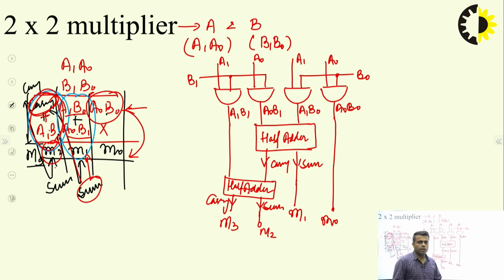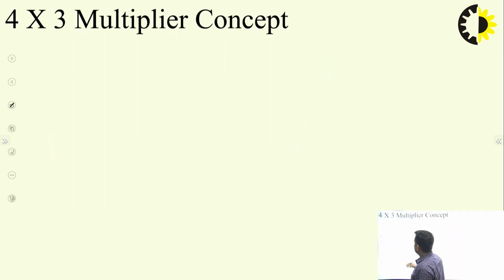Till now things are getting complex, but not complex up to that level. But in case the size of the input numbers exceeds 2, let's say we are now interested in designing a more complex multiplier of size 4 cross 3. So let's design a 4 cross 3 multiplier.